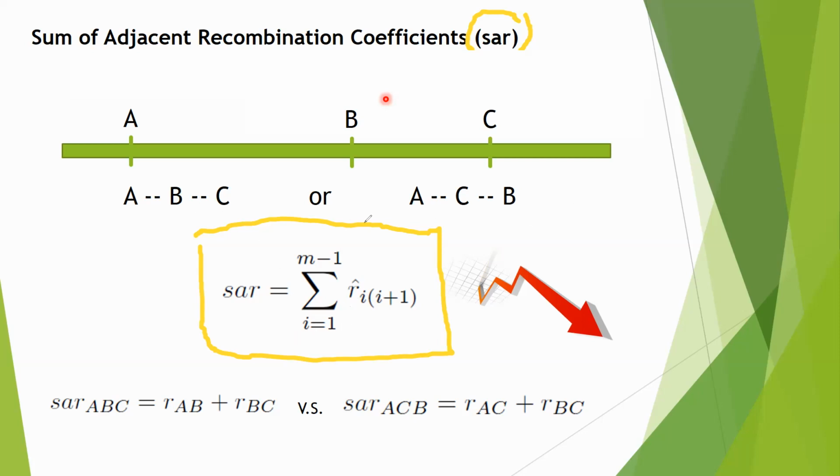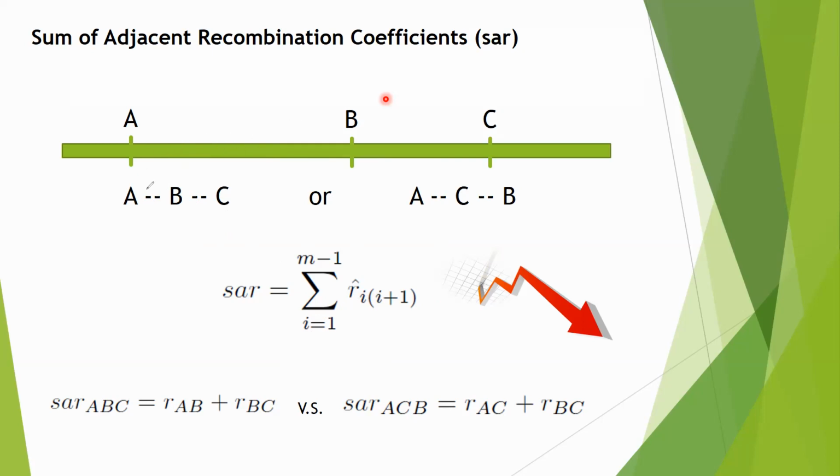Given a map, for example, if the three genes are arranged like this, then we make a summation of the R estimates for the adjacent regions.